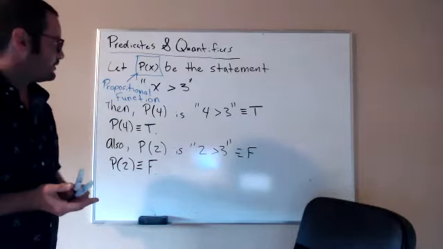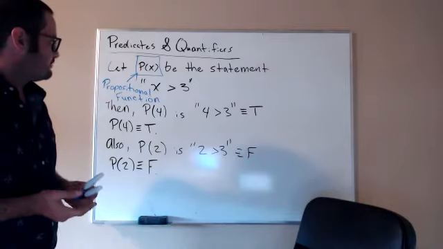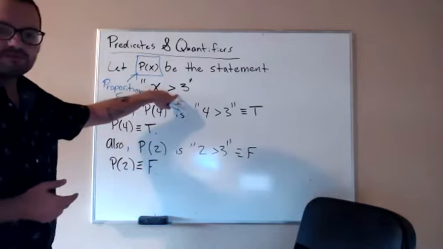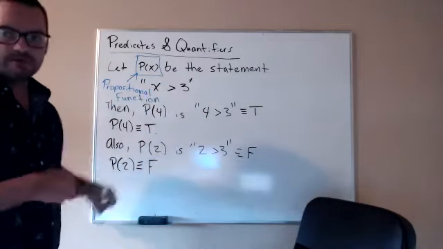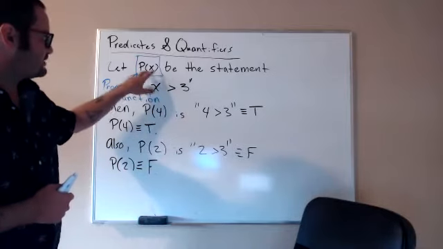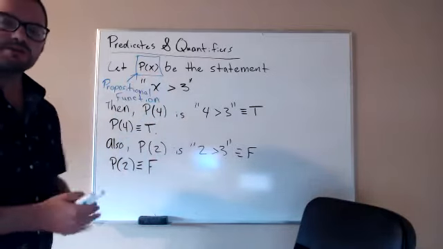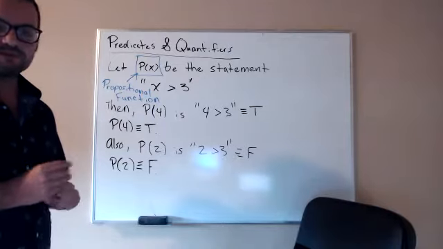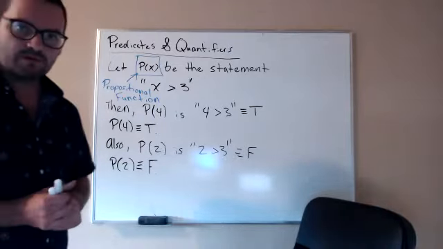Okay, so that's all that predicates are. They're statements for which you plug in a value and then it becomes a proposition. If you have something that's defining that predicate, like P of x in this case, you can think of that as a propositional function, whose output is either true or false. Right?